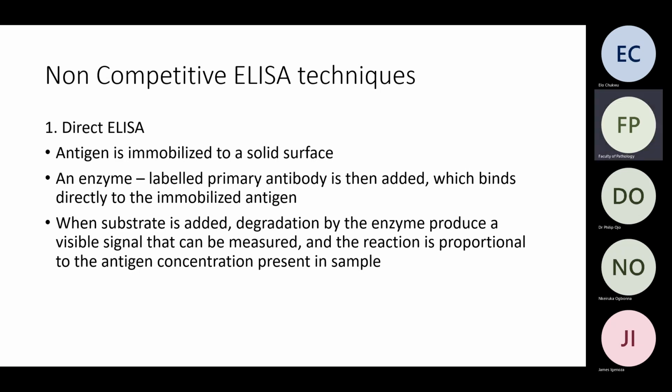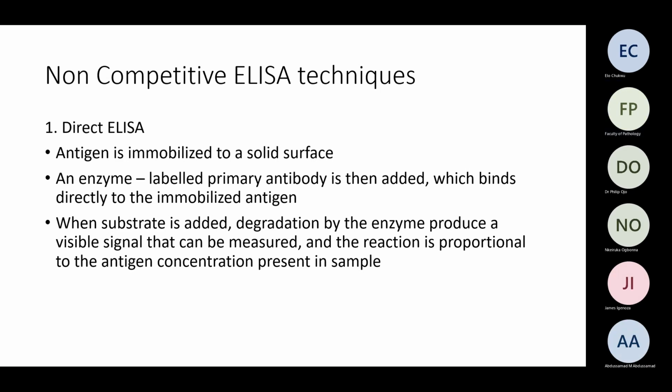Direct ELISA: the sample, that is the antigen, is immobilized to a solid surface, that is, to the ELISA plate. Step number two, an enzyme-labeled primary antibody is added to the sample. Step number three, the substrate is added.